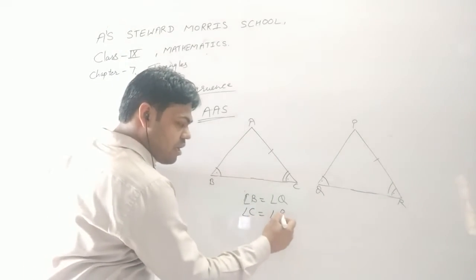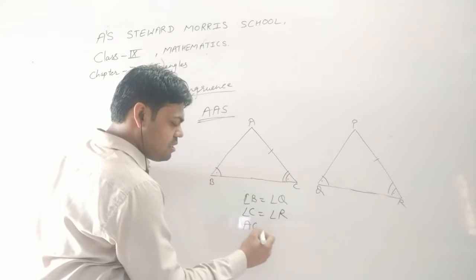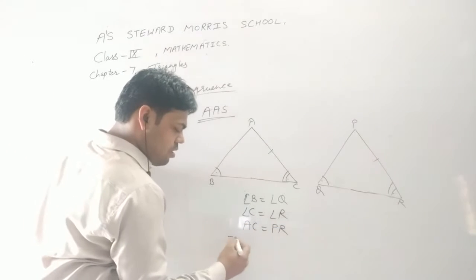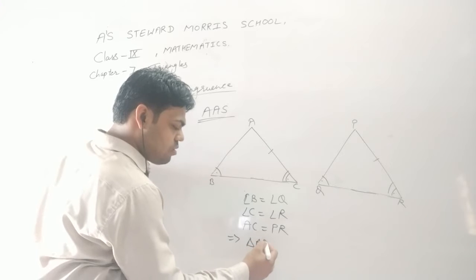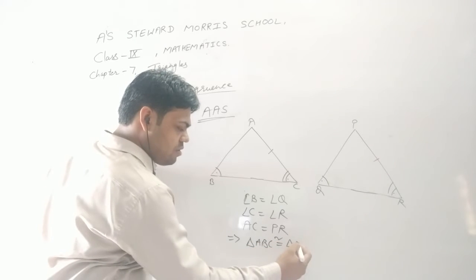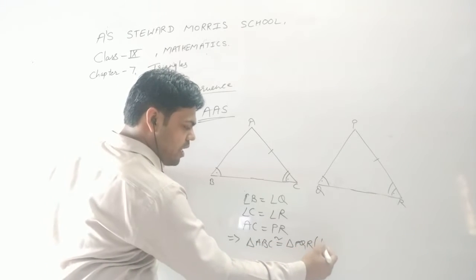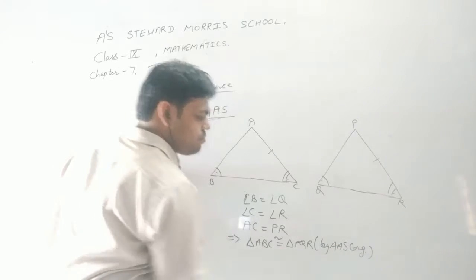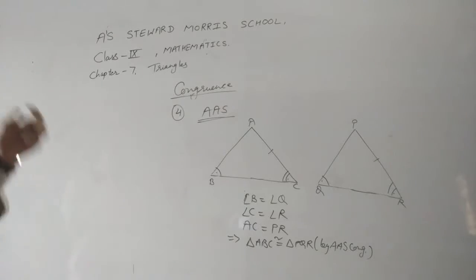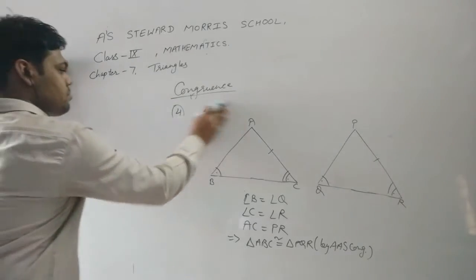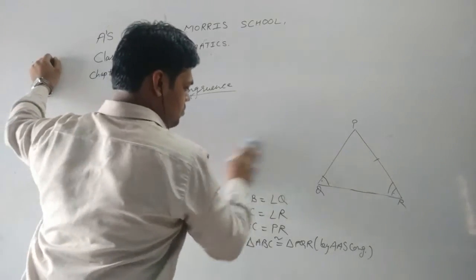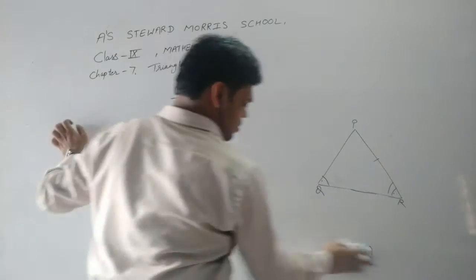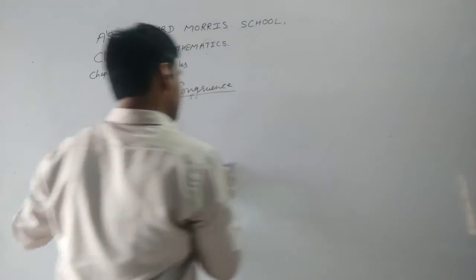Angle C is equal to angle R and the third part is AC equals PR. So triangle ABC is congruent to triangle PQR by AAS congruency rule. Okay. Now the next part is your RHS congruency rule.